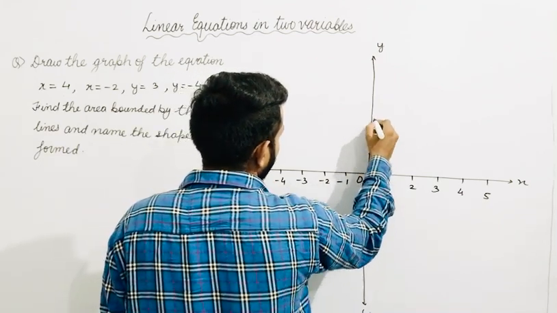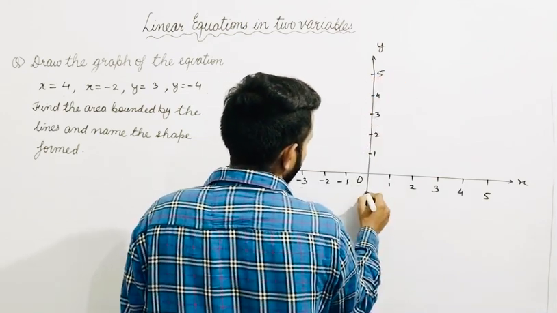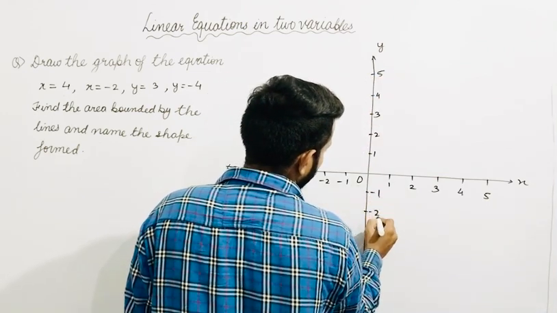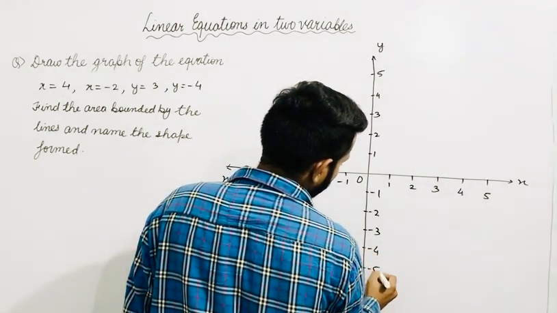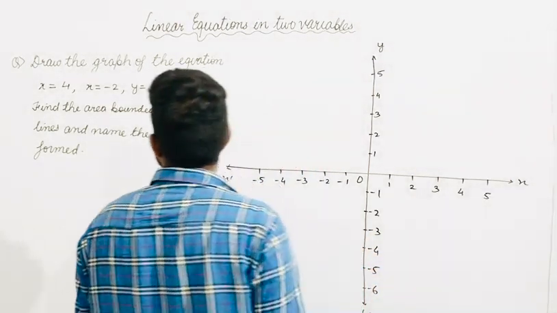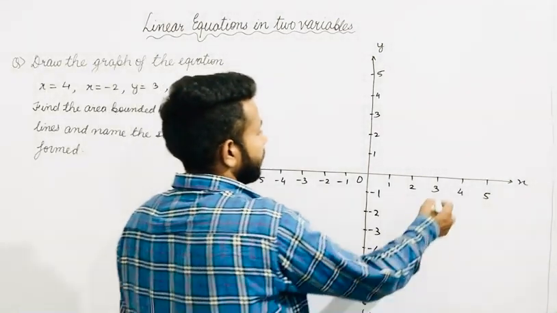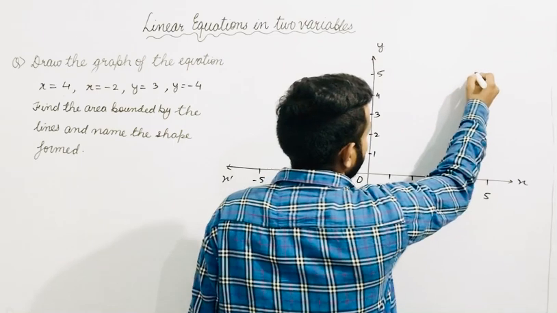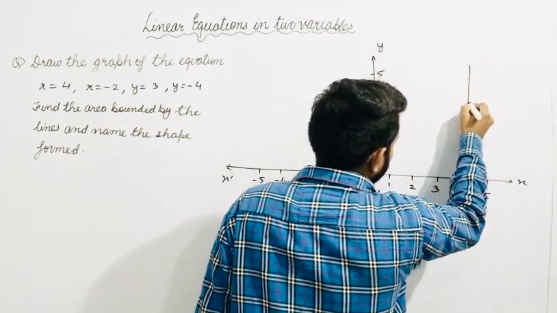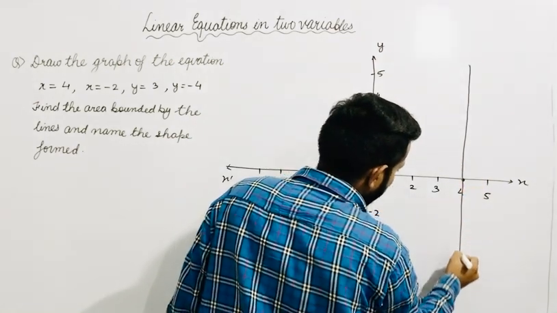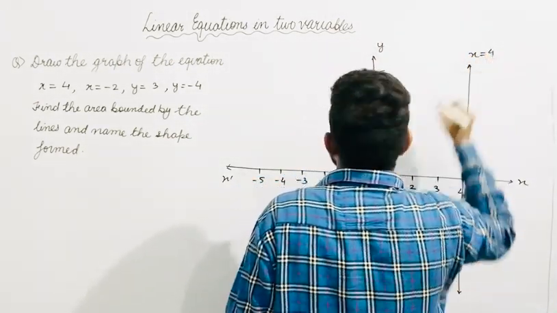Okay. Draw the graph of the equation x equals 4. Where is it? X equals 4 is here. So x equals 4 is a line that is parallel to the y-axis. So this is the graph of the equation x equals 4.